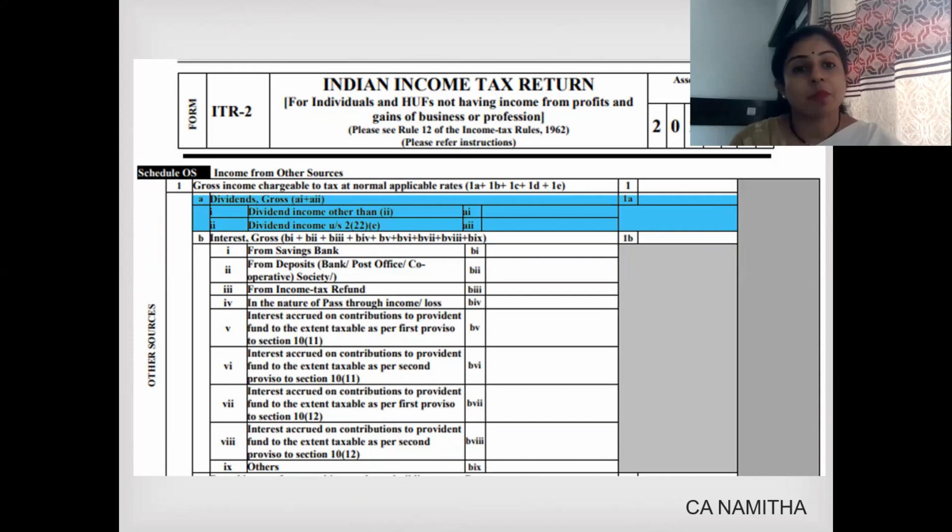Of course, the capital profit is excluded. The new ITR form requires the reporting or declaration of such dividend separately.